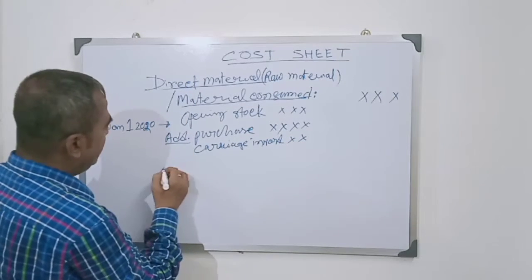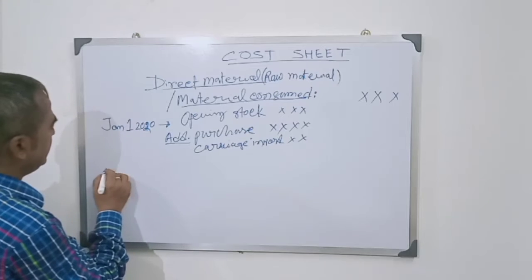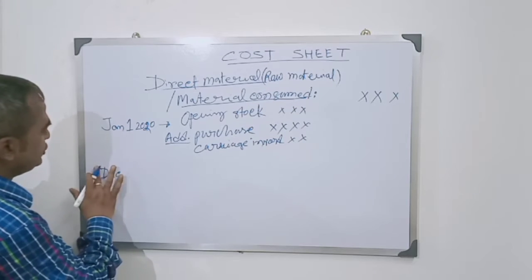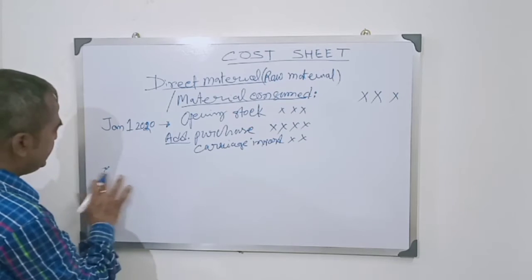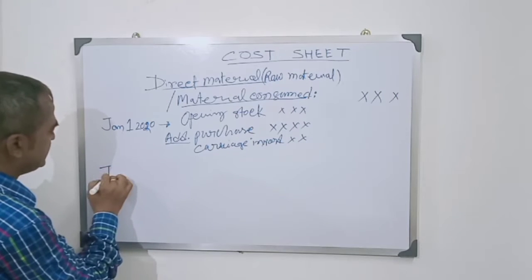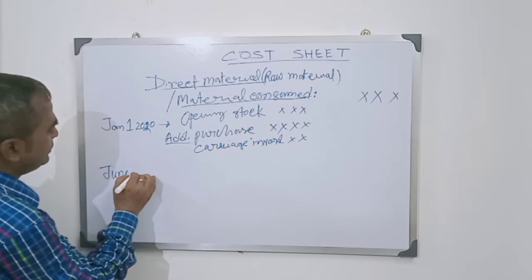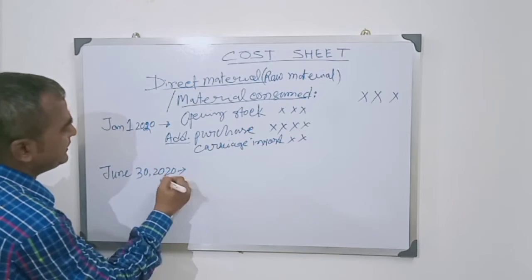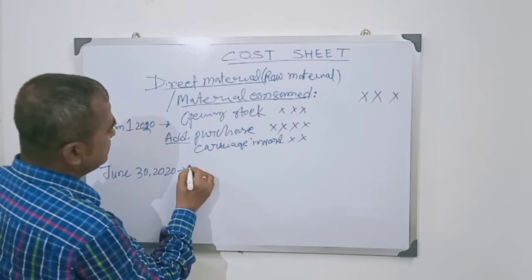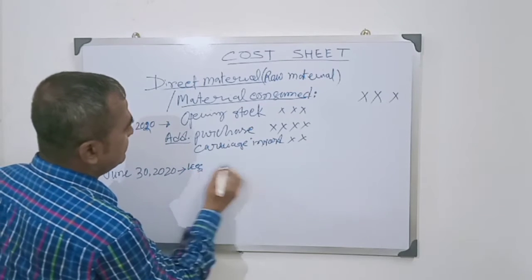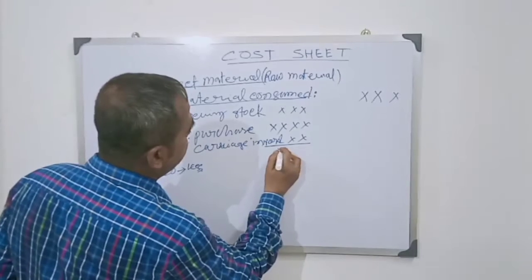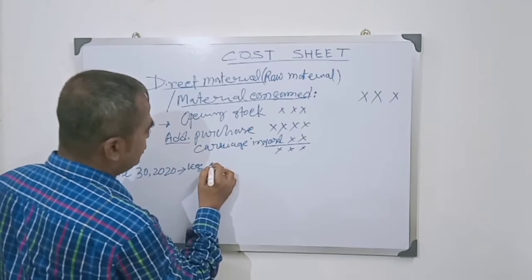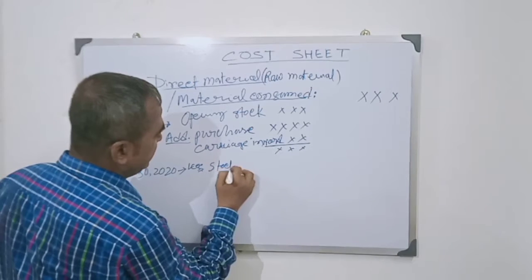And then we say, okay, December 31st or say six months, June 30th, 2020. Stock in hand, that is, less closing stock. We will reduce the closing stock or stock in hand, the raw material in hand.